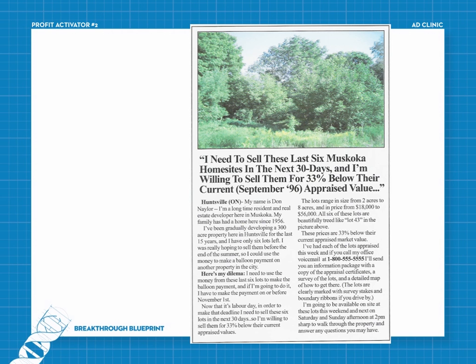And I had him get the properties actually appraised, because he truly was selling them for below their appraised value, just to get the money so that he could make a lump payment, balloon payment on another property that he had an option on. And so he ended up, over the next 2 weekends, selling all 6 of those lots.